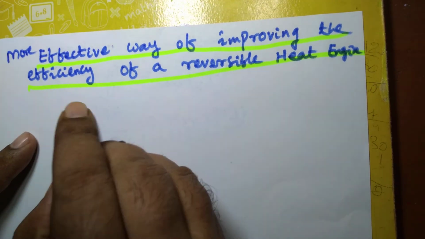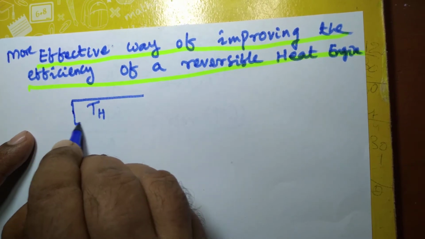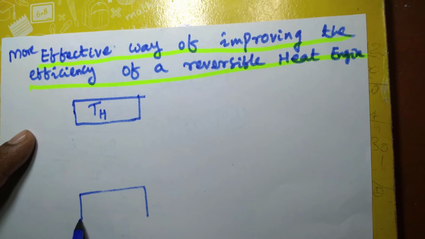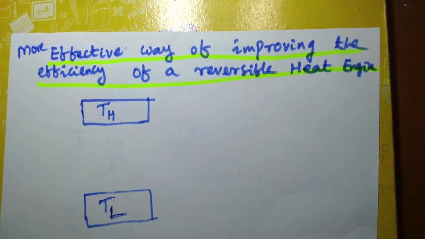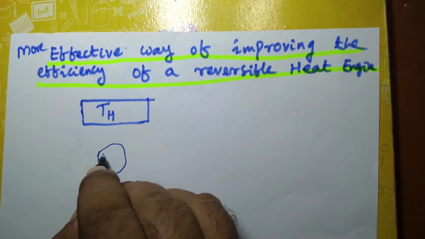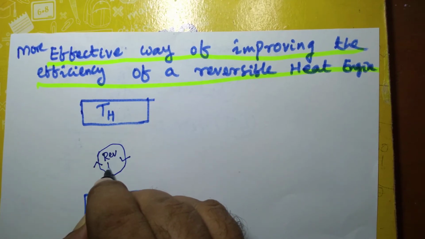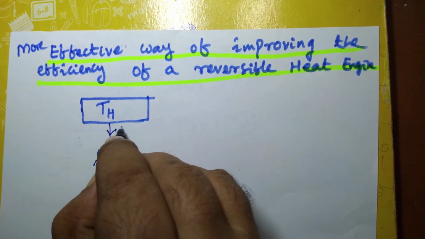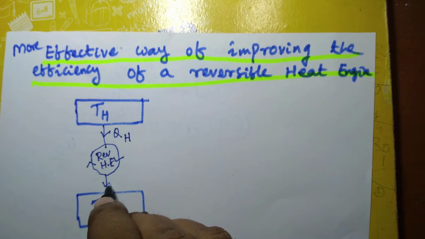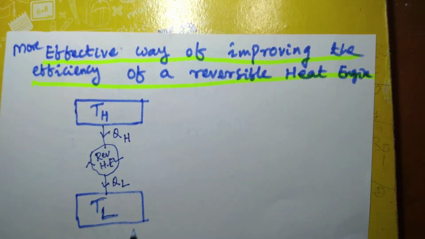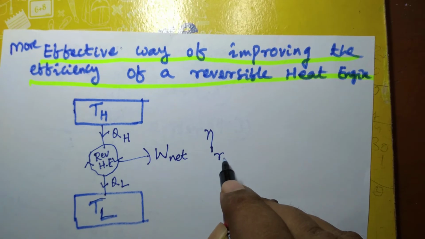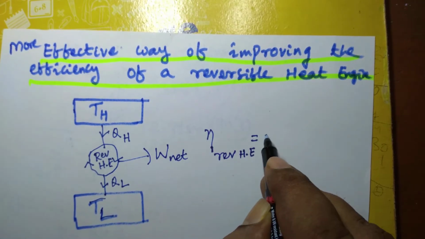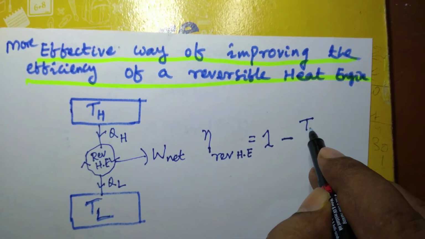Suppose there is a high temperature source TH and a low temperature reservoir, the sink, and a reversible heat engine is operating between the two. The efficiency of this reversible heat engine is nothing but 1 minus TL by TH.